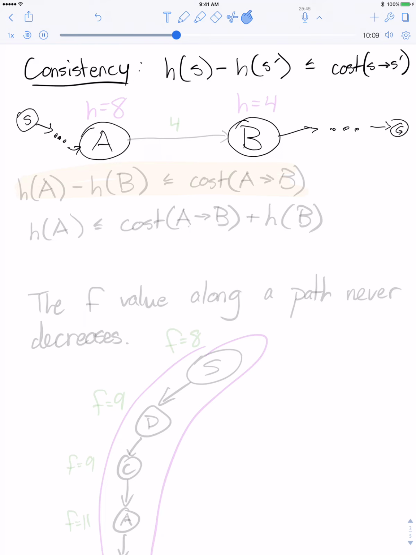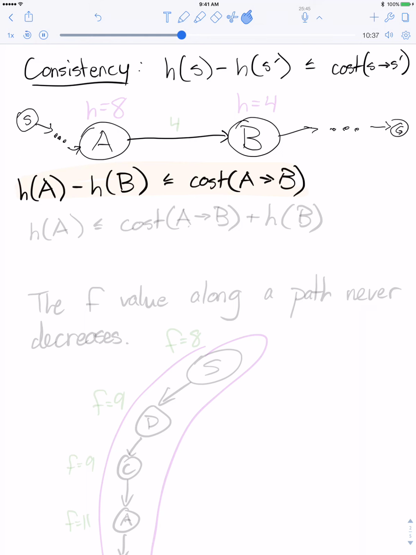All we are looking at right now, though, is this arc from A to B. So, in order for a heuristic to be consistent in this case, we would need the heuristic value at A minus the heuristic value at B to be less than or equal to the cost of getting from A to B.